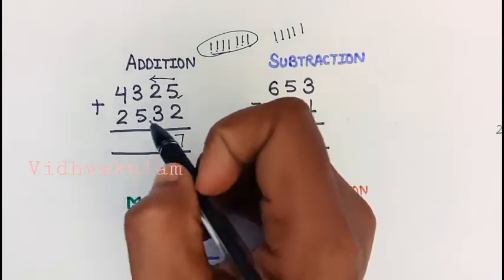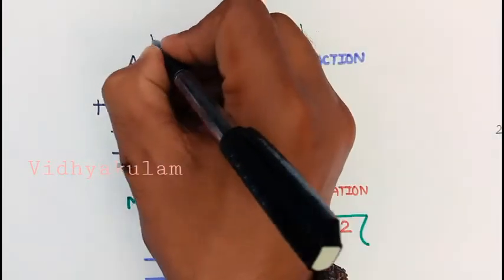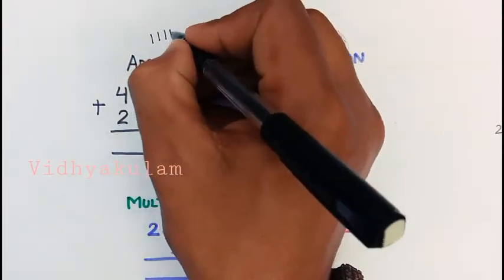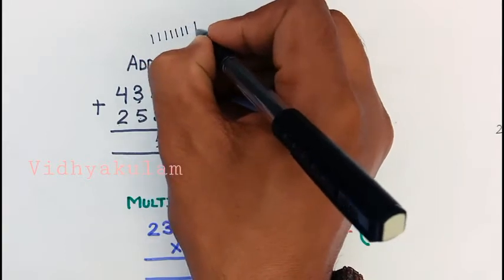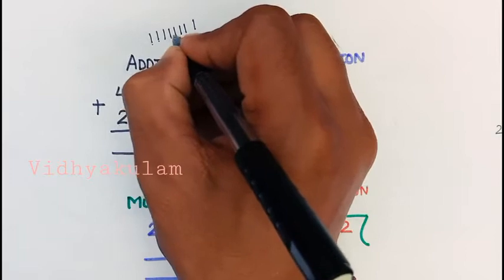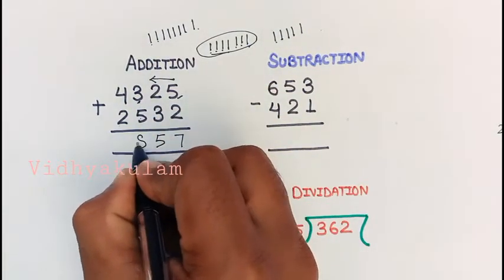Similarly, first we will draw 3 lines: 1, 2 and 3. Then draw 5 more: 1, 2, 3, 4, 5, and count them at once: 1, 2, 3, 4, 5, 6, 7 and 8. So here we will write 8.